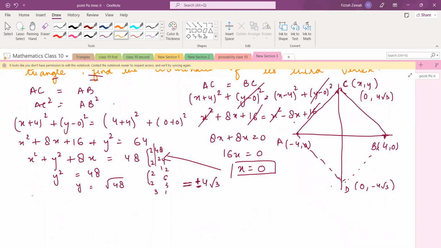We can also find the distance from the origin, considering the Pythagoras theorem. But again you need three distances, like you are taking 0, 0 here, right?